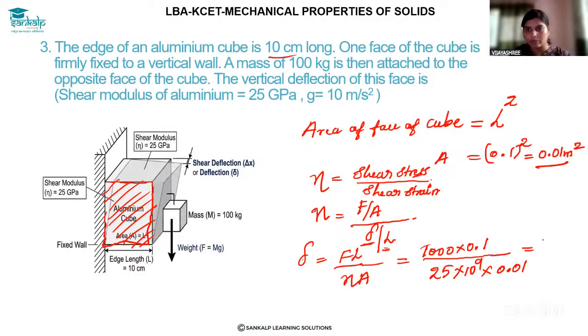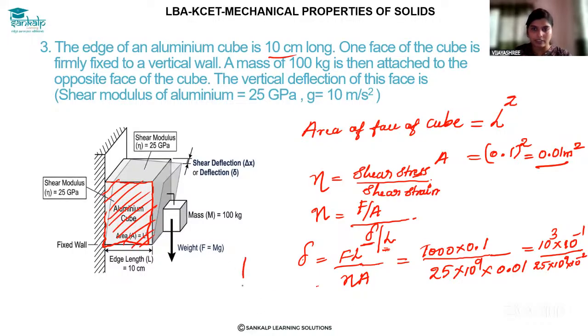So 1000 can be written as 10 to the power 3. 10 to the power 3 into 0.1 is 10 to the power minus 1, divided by 25 into 10 to the power 9 into 0.01, which is 10 to the power minus 2, right?